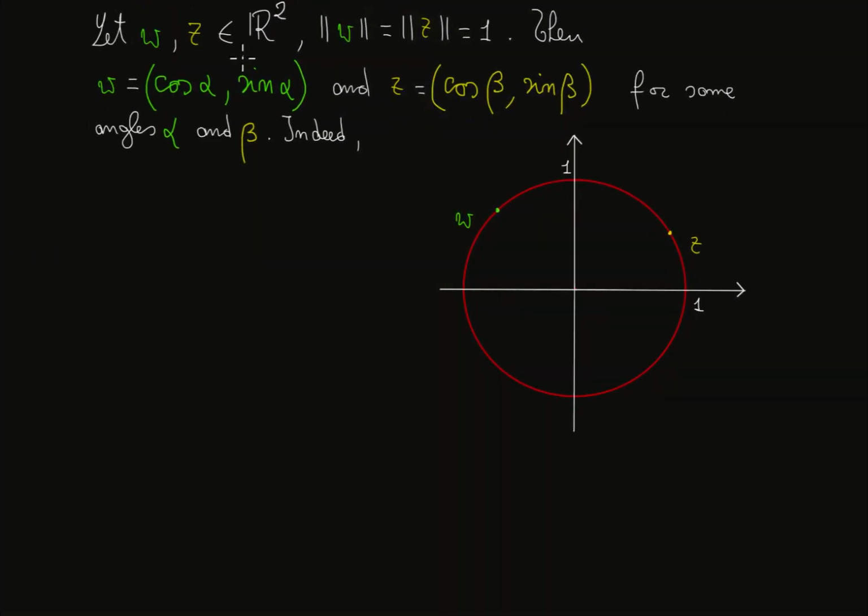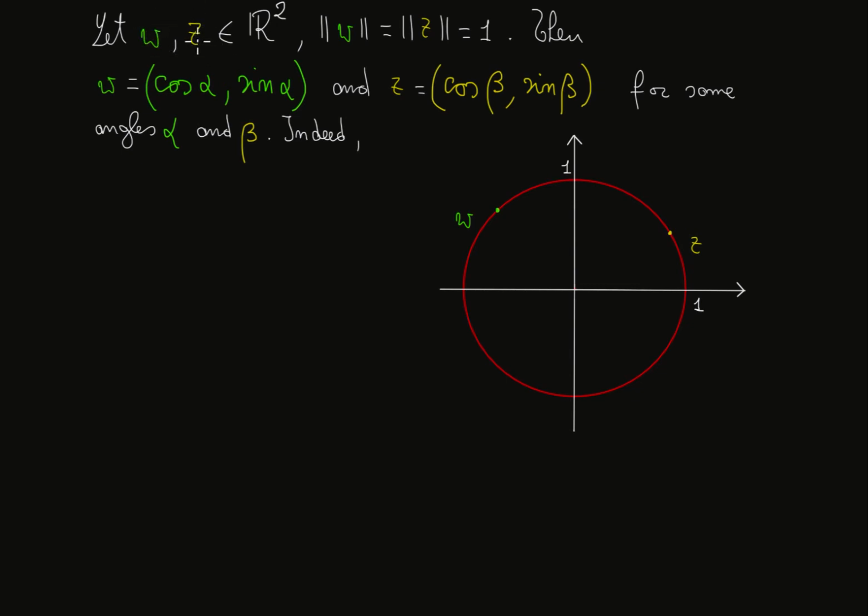Let W and Z be in R squared such that the norm of W and the norm of Z equal 1. We have seen that we can restrict our attention to these norm 1 vectors in order to understand the inner product between W and Z for general inner products. In this particular case, we are choosing a very special one.